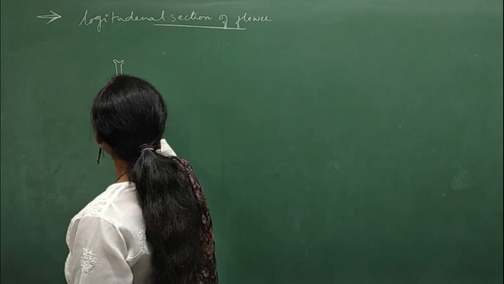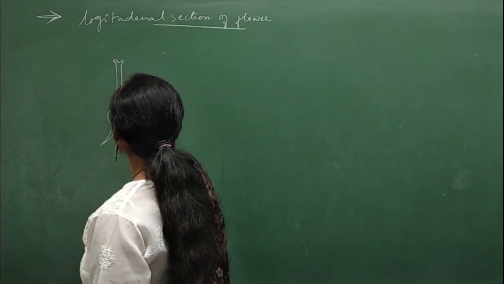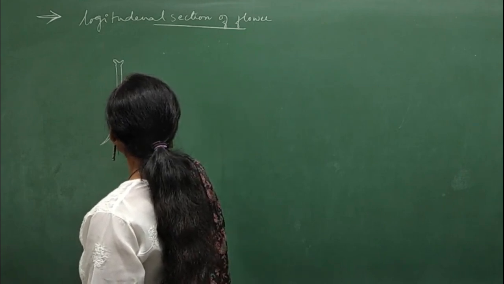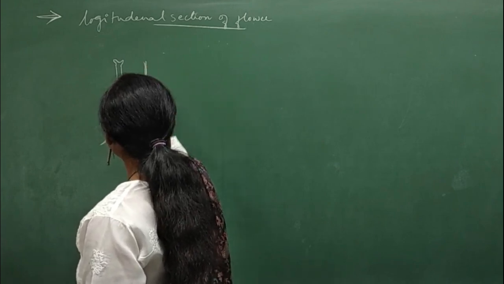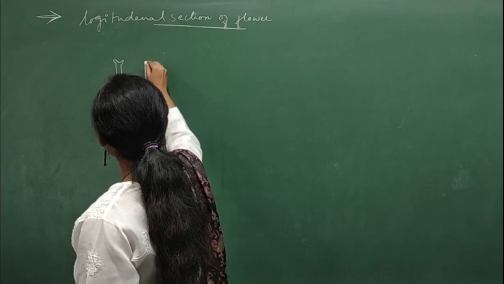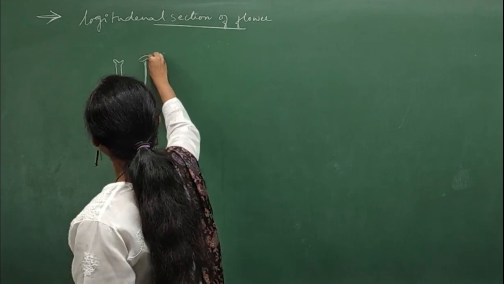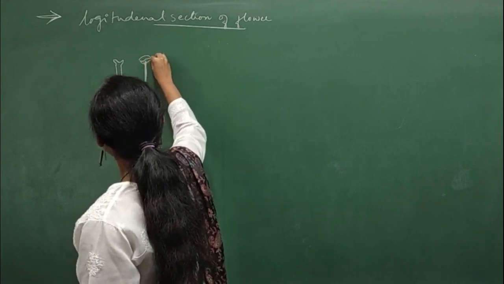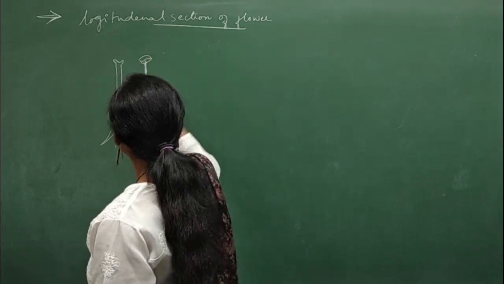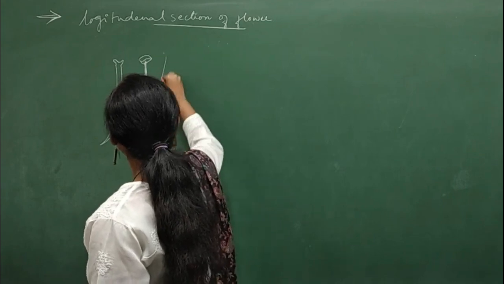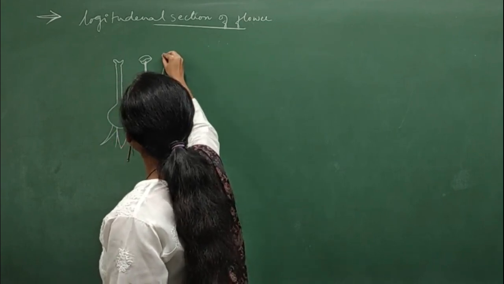Next, let me draw the stamens now. So stamens are something like this. Okay, and on a stamen you will have anthers, so-called anthers, right? This is one anther and this would be another anther, so another stamen with an anther.